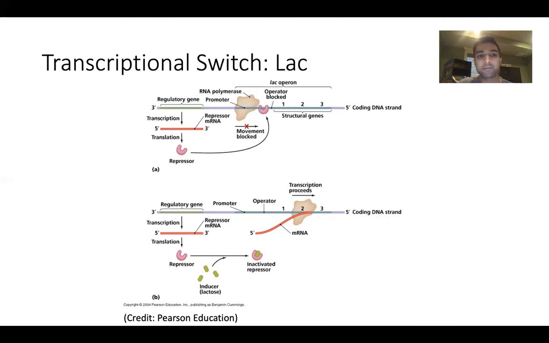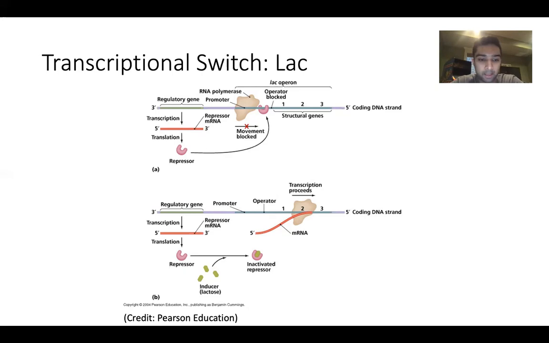And what happens is when the repressor is transcribed and translated, right, it's a protein, it binds to the operator right downstream of the promoter. So when RNA polymerase comes in and tries to transcribe the gene, this repressor physically blocks it from moving forward. And you can see that on the slide there.